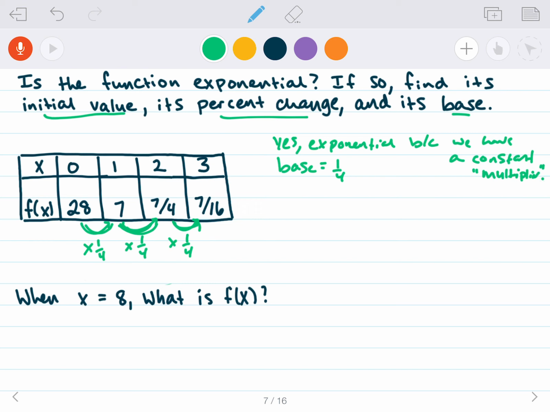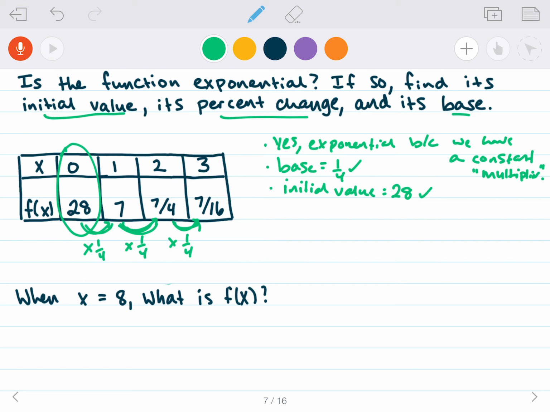Alright, so my base is 1 over 4. The initial value is going to be the y-intercept, which is 28. So the initial value is 28. And we found the base.